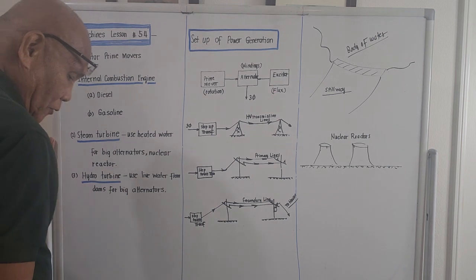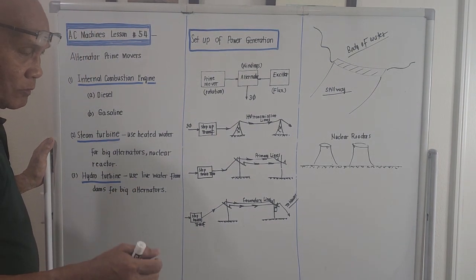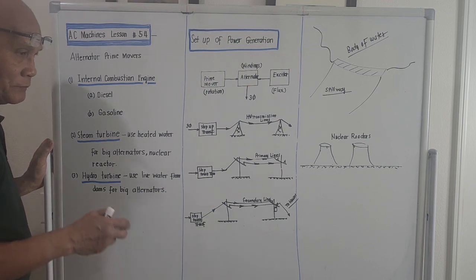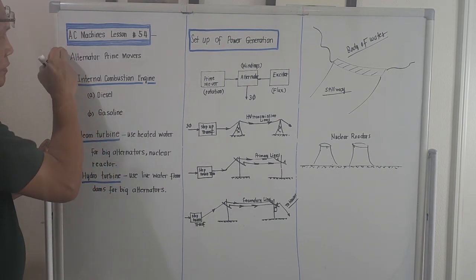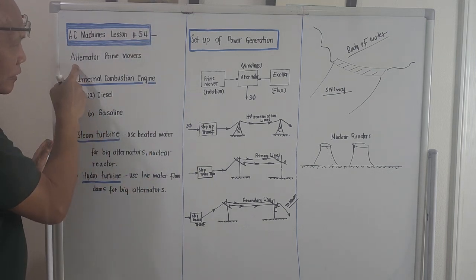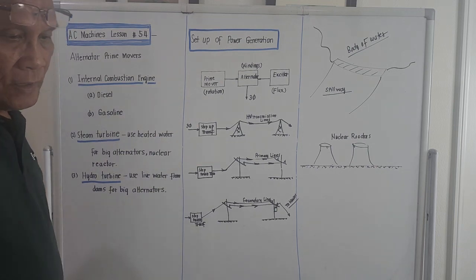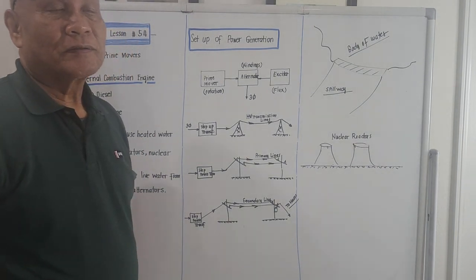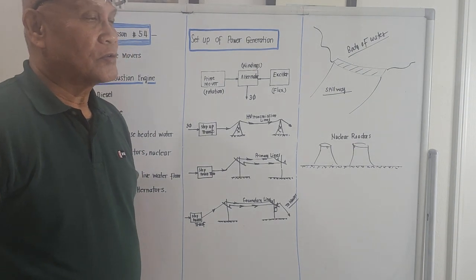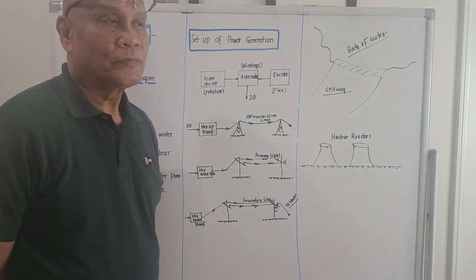The subject matter for this morning will be a continuation of my long video format topic, AC machines, and this is now lesson number 54. The title of the topic is Alternator Prime Movers. The last time around, I discussed the concept of power generation by using an alternator.